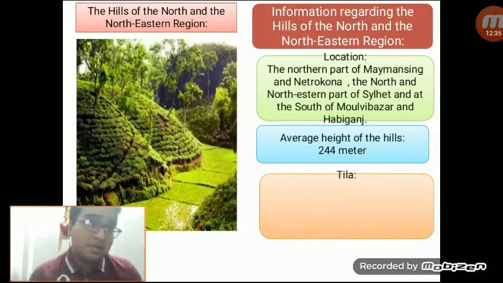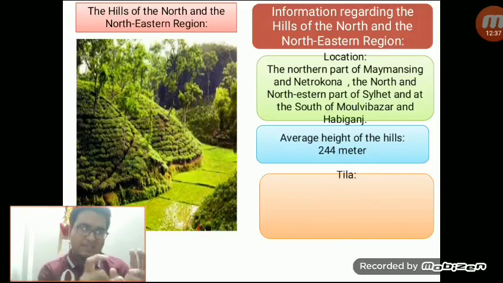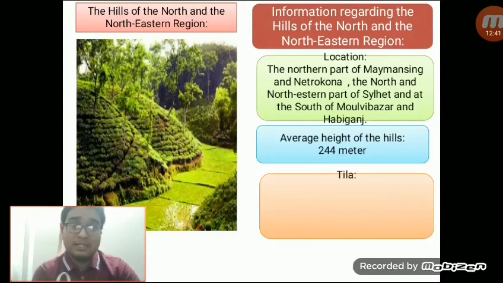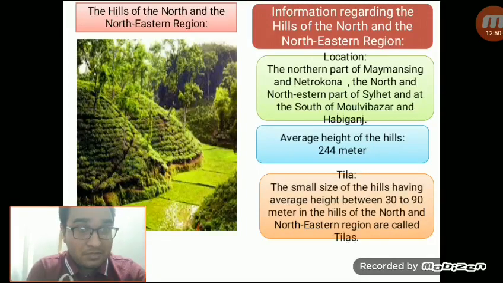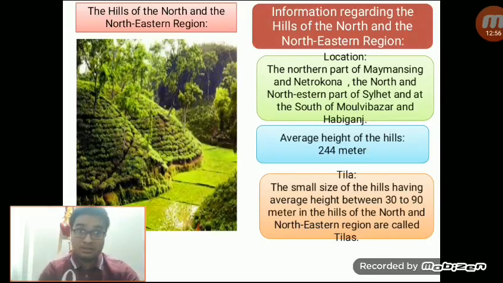Basically, Tila means the small size hills having 30 to 90 meter height which are located in the north and northeastern regions. So this is the definition of Tila: the small hills having average height between 30 to 90 meter in the north and northeastern regions are called Tilas. So that's all about the hills of the north and northeastern region.